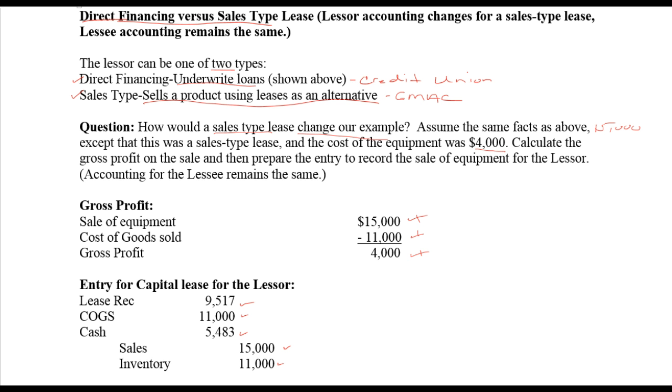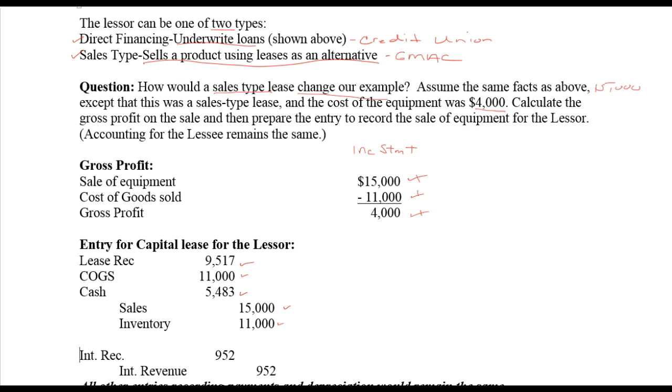So on our income statement for the period that we first initially sell this car in, we're going to pick up gross profit of $4,000. Now at the end of the year, we're still going to record our interest receivable and interest revenue from our amortization schedule we made in our previous video, and if you recall, it was $952.